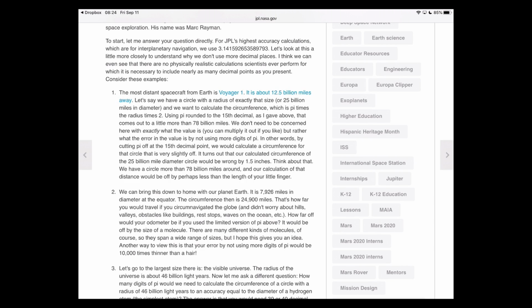Okay. So the next encoding lesson is, what are we looking at here? We're looking at a bunch of text. How is that encoded? Yeah, exactly.